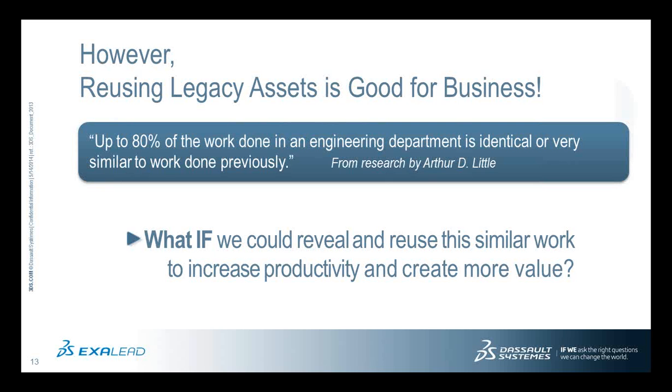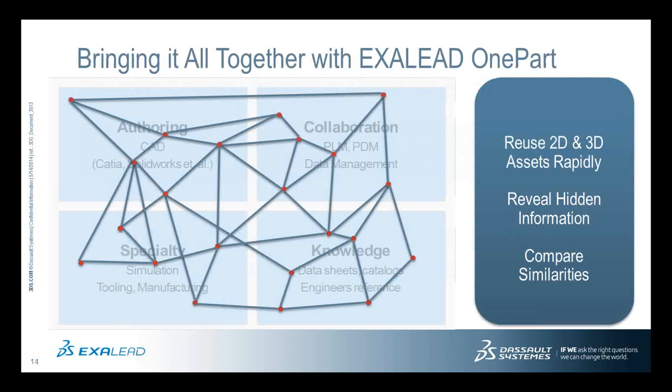It's intended to give engineers, designers, and other interested parties within the enterprise the ability to search for new or common parts across multiple CAD authoring tools, multiple data stores, wherever those may be, other information that may be attached to the parts, as well as information contained in general documentation. So it's not necessarily just looking for the geometry, but also all the related documents that could be associated with that geometry.